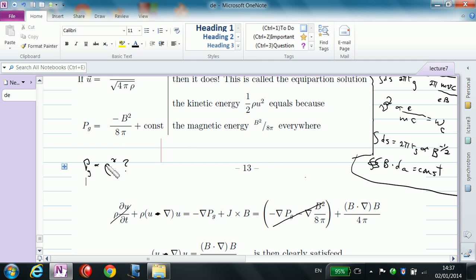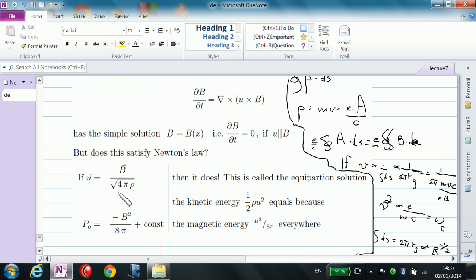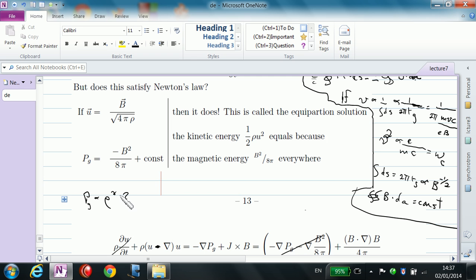But there's no guarantee that rho is going to coordinate its change with B in such a way that P_G will be able to satisfy two of these simultaneously. So if the fluid's compressible, this is not generally a good solution.